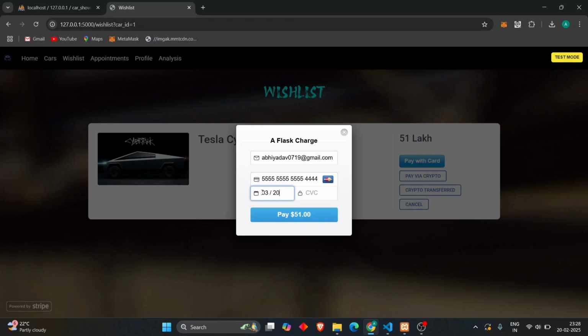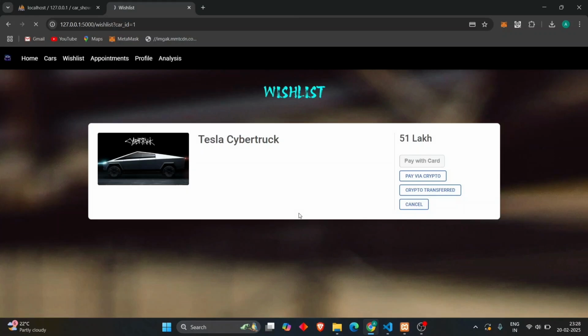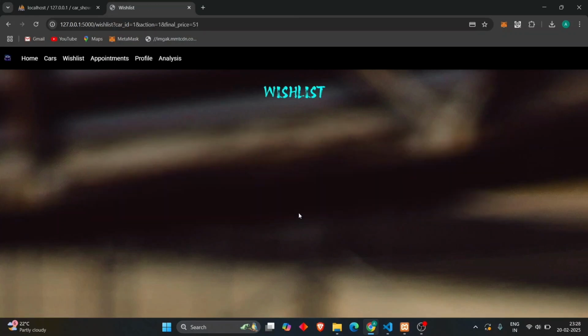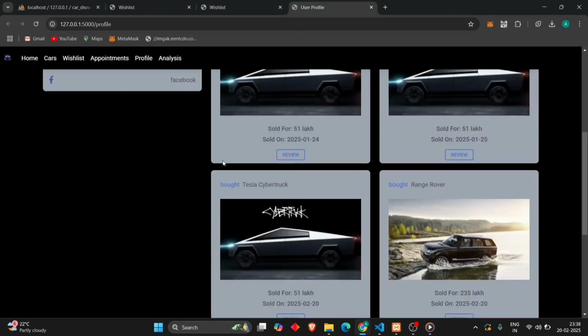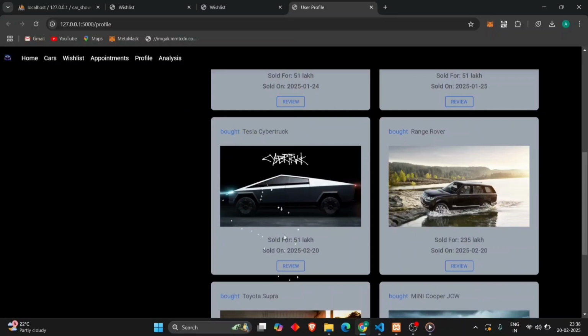This is a dummy card which Stripe gives us by default for testing purposes. Yeah. So after this, once the car is bought, it is removed from the wish list so that there is no confusion.